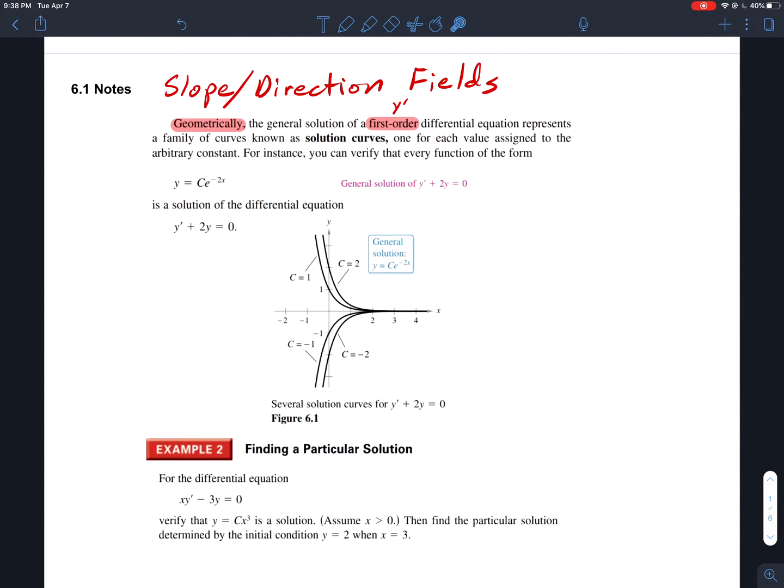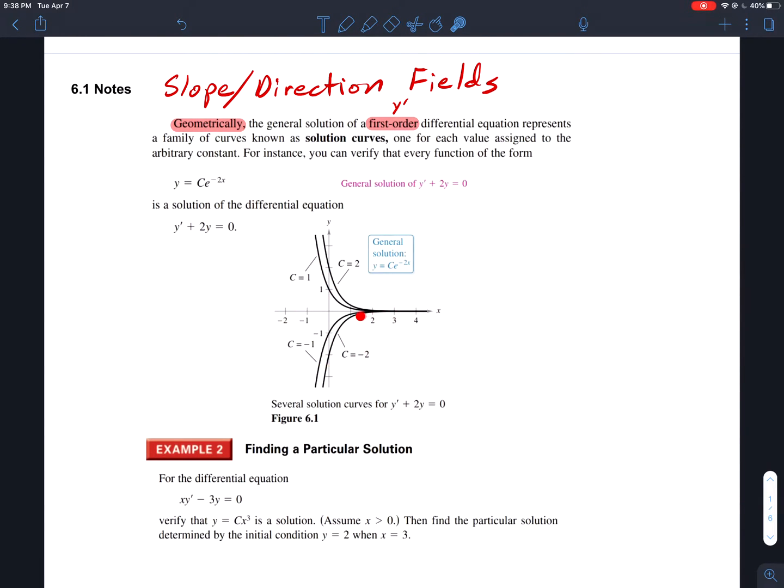And no matter what value is plugged in for c, the equation will still solve this differential equation. All right, this function y still solves it. So most of our work is in finding either a graph of a solution, and usually a particular solution, not all family members, because you can't actually express all family members.